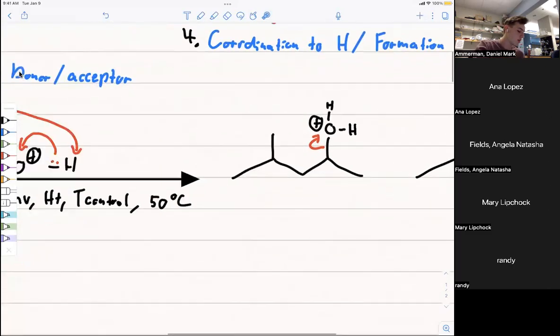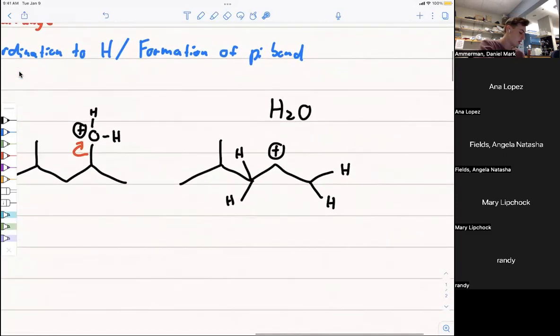But we kind of already looked at these options, determined this is primary and this is secondary. So it's going to follow Zaitsev's rule to form that product on this side, to make a pi bond here compared to over here, because this pi bond in the molecule is going to be more stable than making a terminal pi bond.